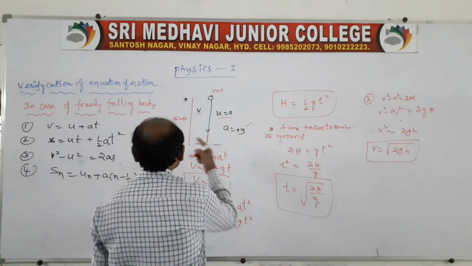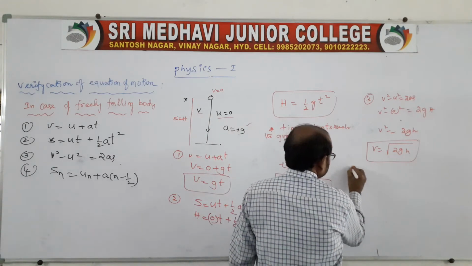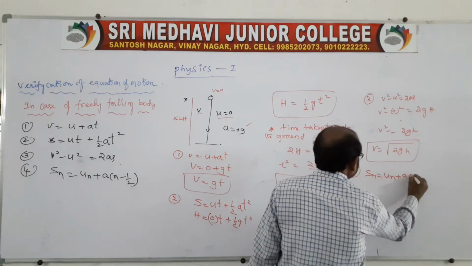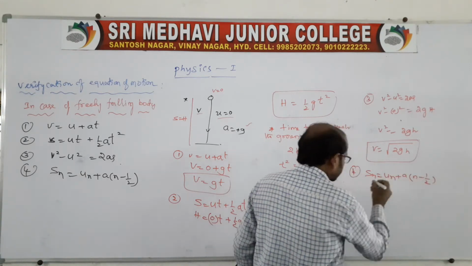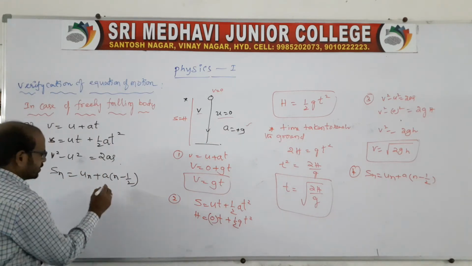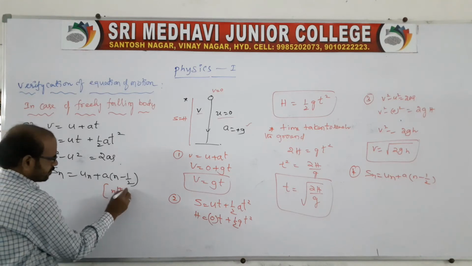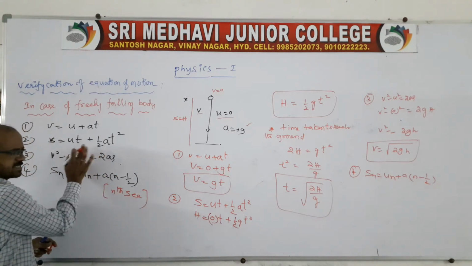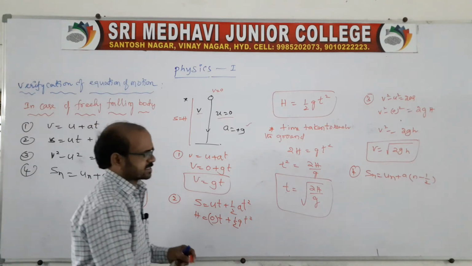And let us go for the last expression, that is the fourth one. You say Sn is equal to un plus a into n minus 1 by 2. This relation is related to the nth second, I told you very clearly. This is very important, it is the nth second distance formula.